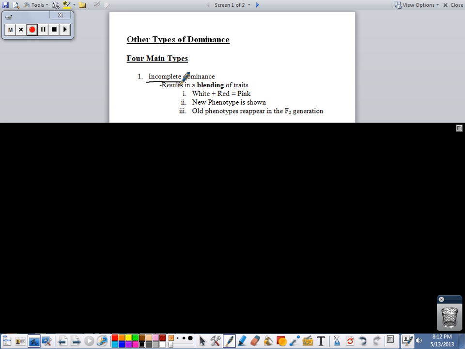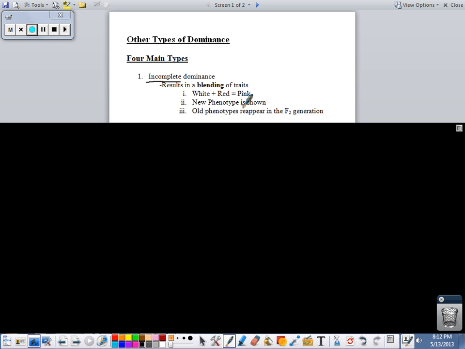You have something red, something white, they blend together and you get pink. Okay, that does happen, but it's not the general case. But incomplete dominance is the situation where the combination of two alleles results in a blending of traits.